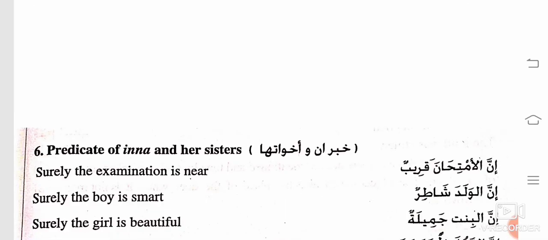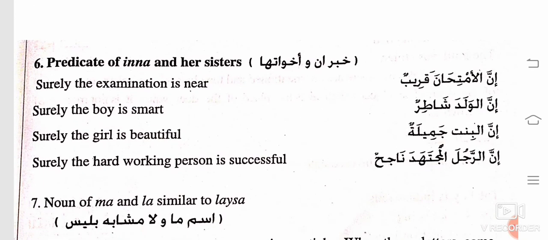Then the next one is the predicate of Inna and her sisters. Just like Kana, there are many sisters for Inna. Khabaru Inna wa akhawatuha. So Inna, Anna, Ka'anna, Lakinna, Layta, La'alla. These are the sisters of Inna.